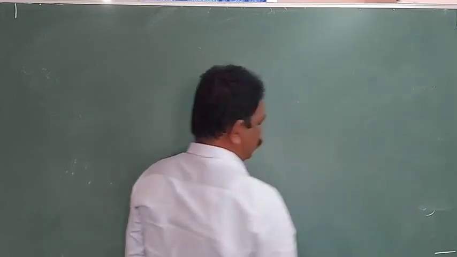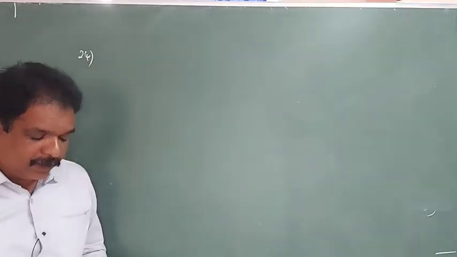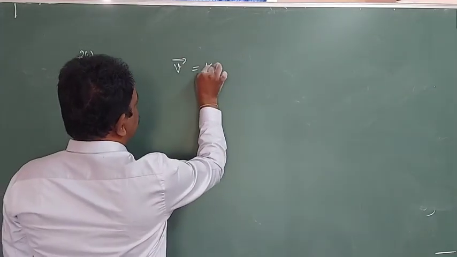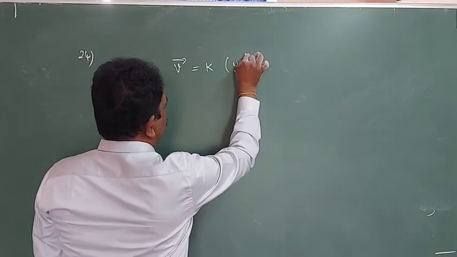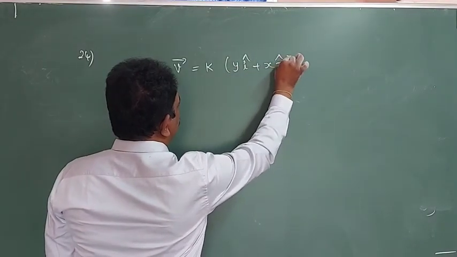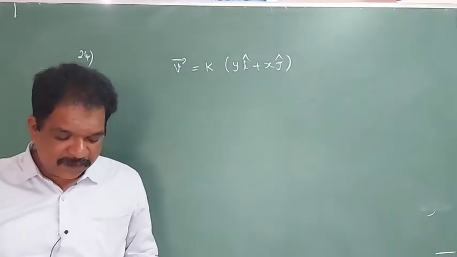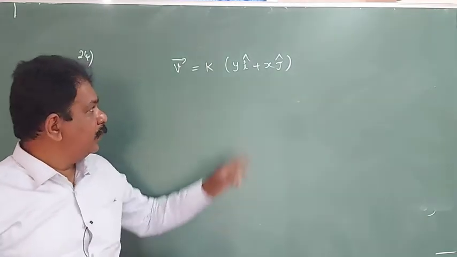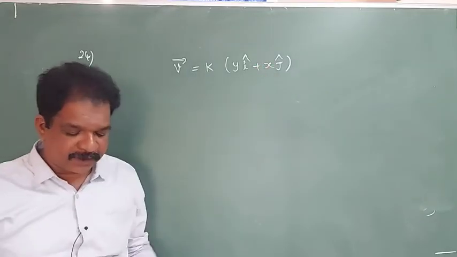What they are mentioning, see, particle is moving with a velocity v bar is equal to k into y i cap plus x j cap. What is the general equation now? Here x component is y, y component of velocity is x.